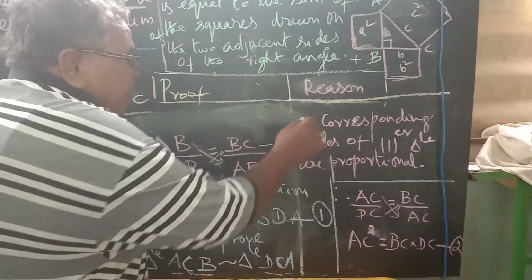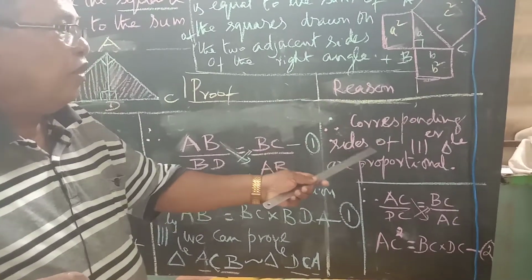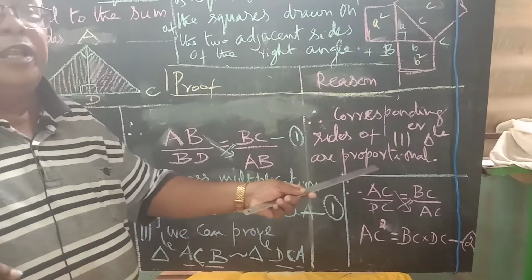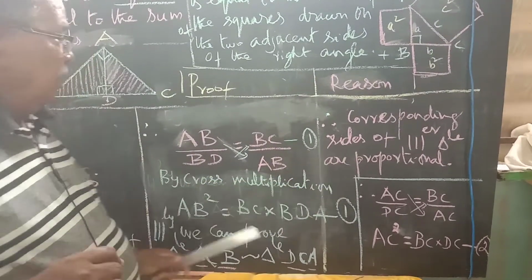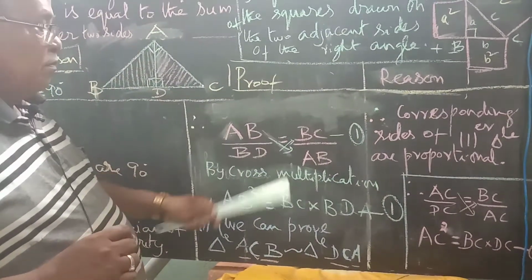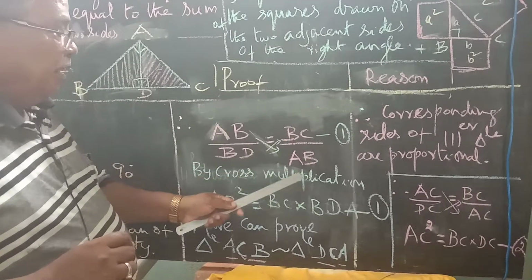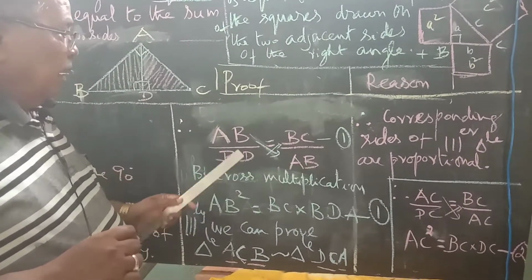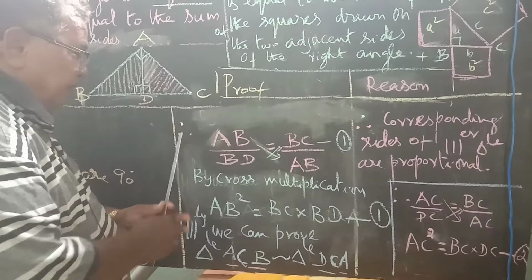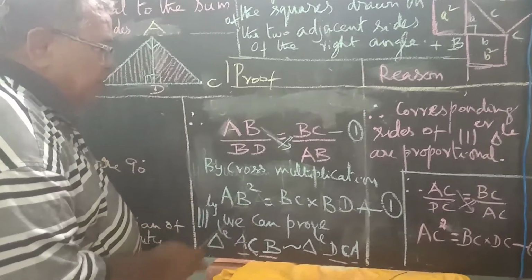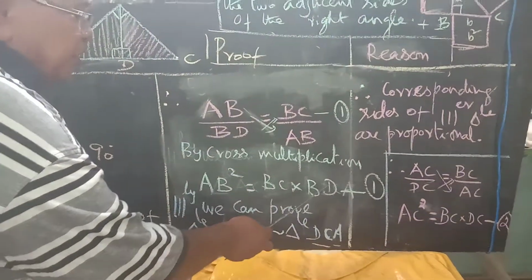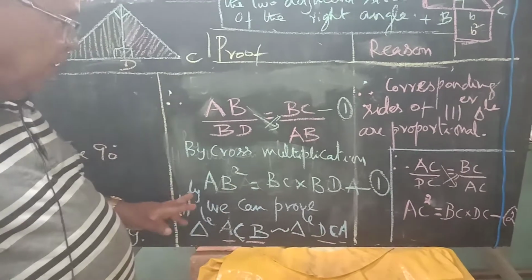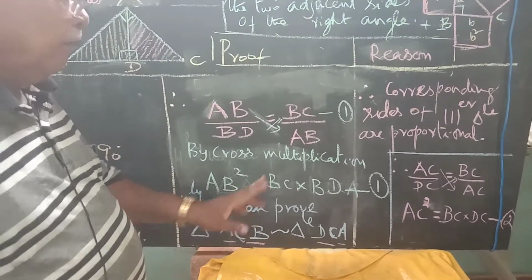What is the reason? Corresponding sides of similar triangles are proportional. Now AB by BD equals BC by AB. Cross multiplying, AB into AB, AB squared, equals BC into BD. This is number one.